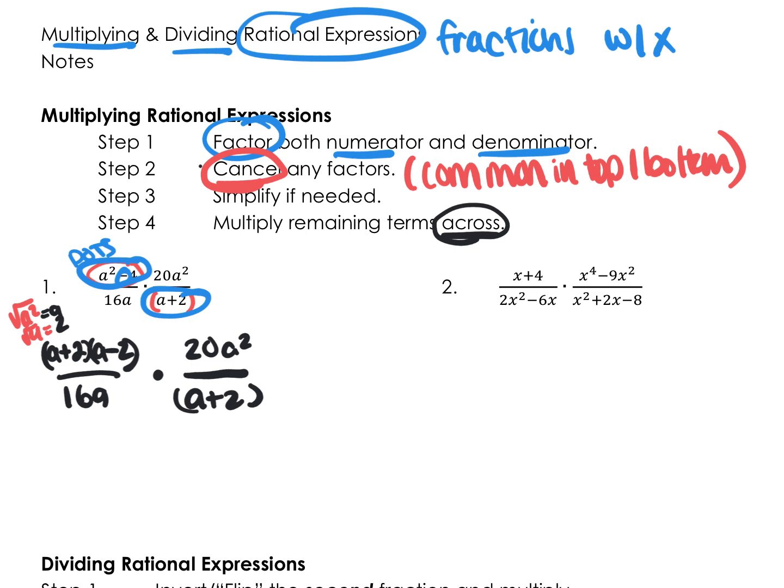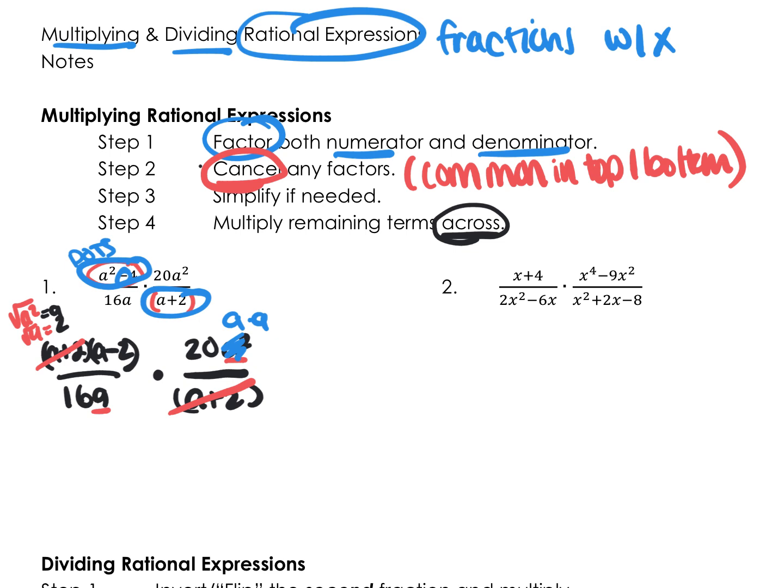So I'm going to go back and just remind you of what I just did one more time. So the first thing that I did was look for common factors. So we have a plus 2 and a plus 2 in the top and the bottom. Those cancel. Here we have an a, and here we have a squared. So remember, a squared is a times a. So we can rewrite that as a times a.